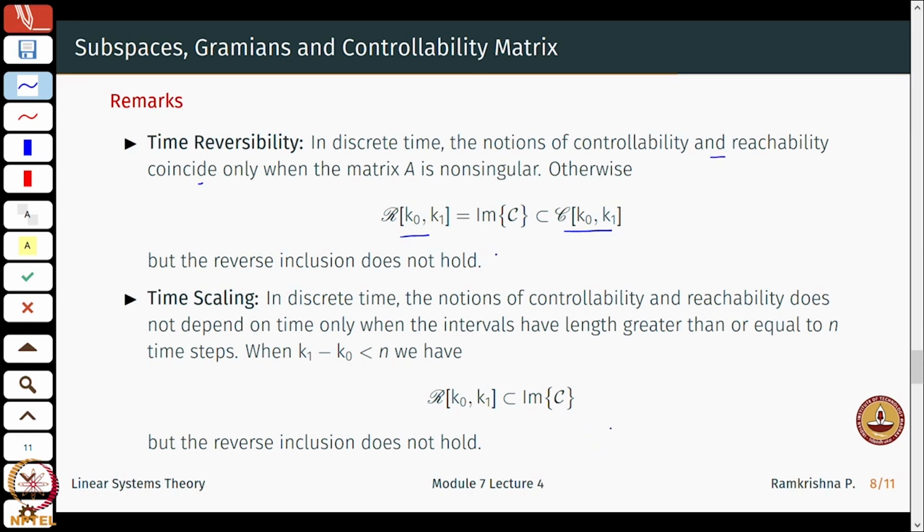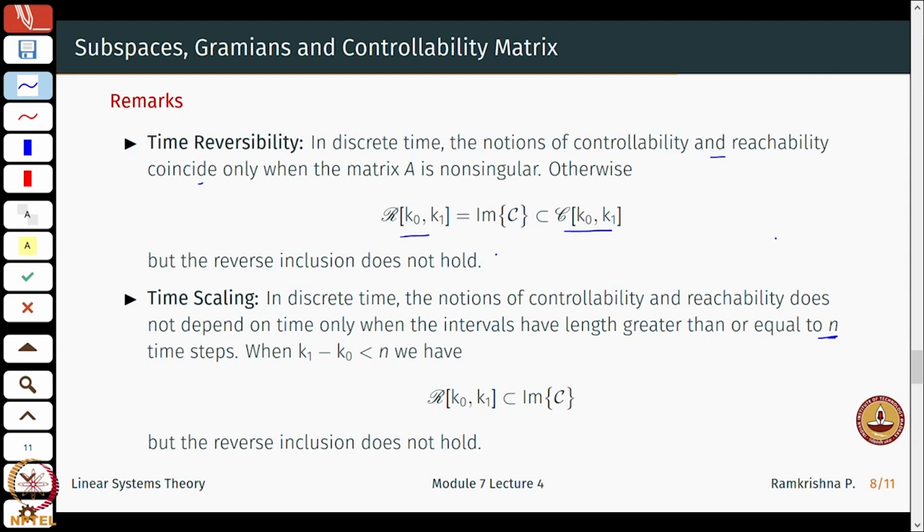Okay. So, the second thing which we will derive with the help of an example is that in discrete time the notions of controllability and reachability do not depend on time only when the intervals have length larger than n. What does it mean?